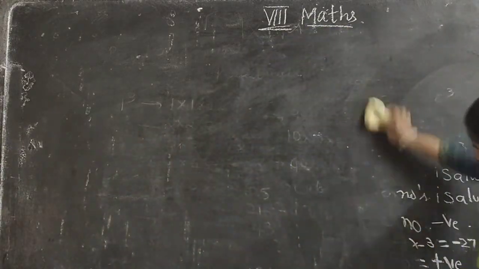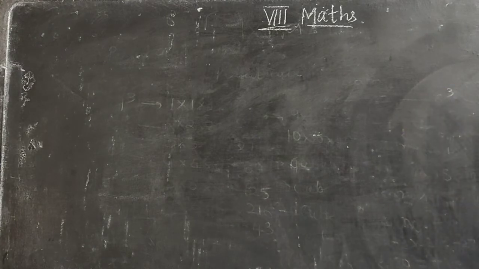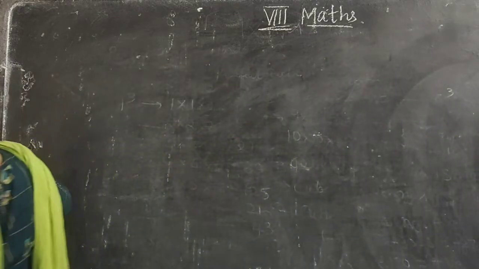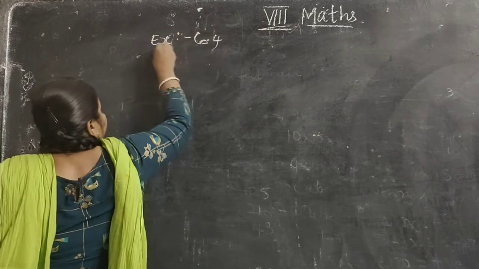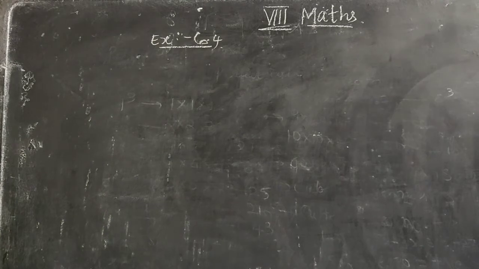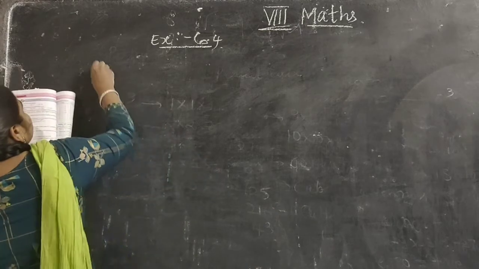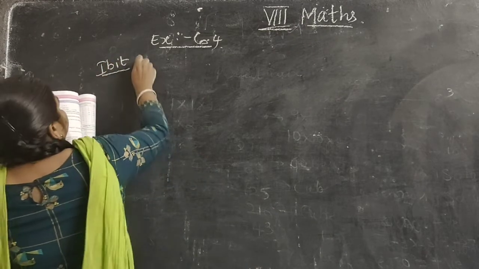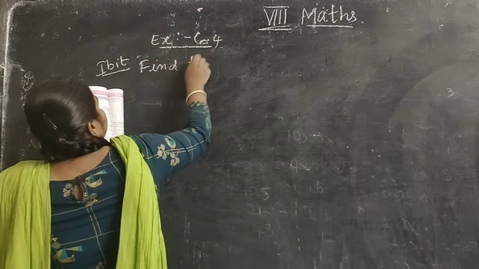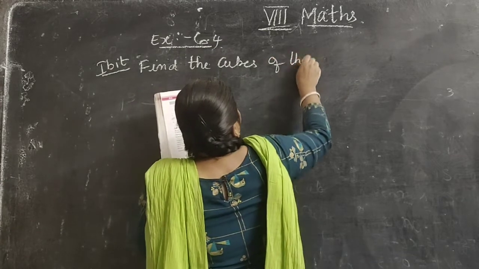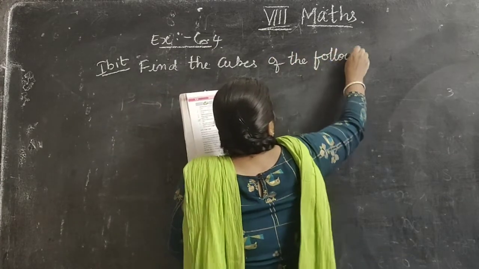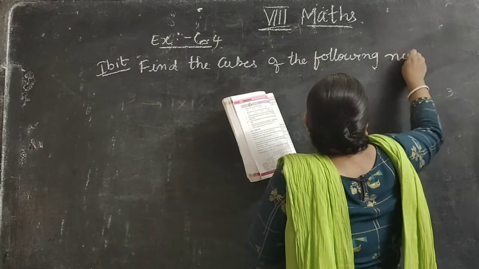So next, exercise 6.4. First bit. Find the cubes of the following numbers.